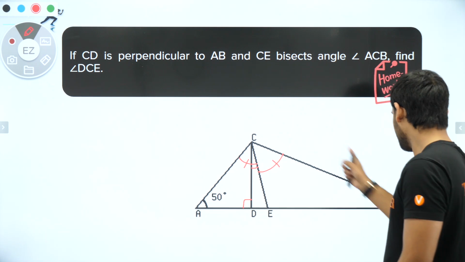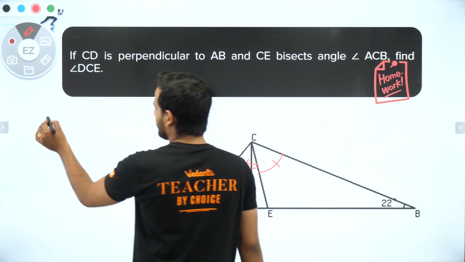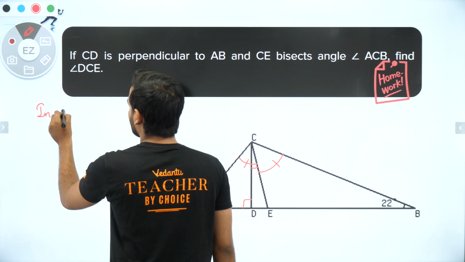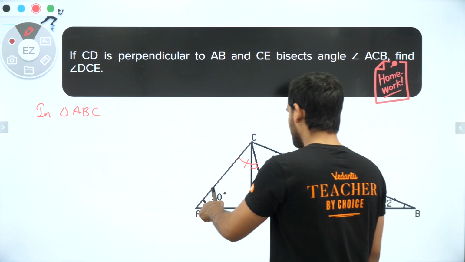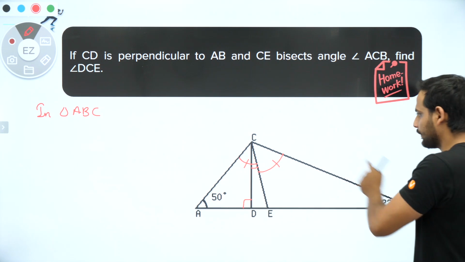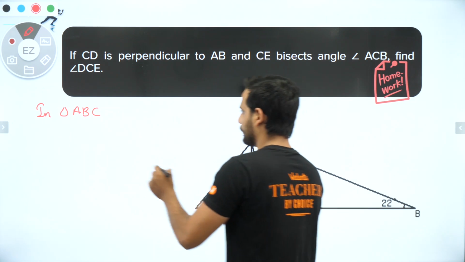First, in triangle ABC, if I use the angle sum property, angle A is 50, angle B is 22, and angle ACB we don't know.